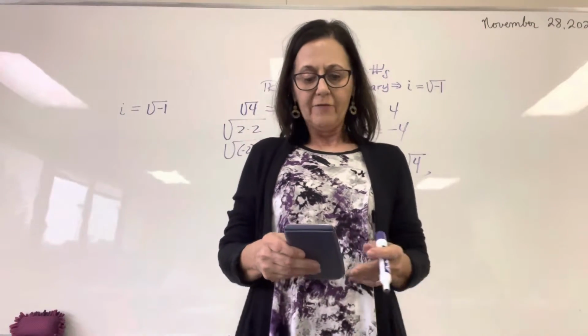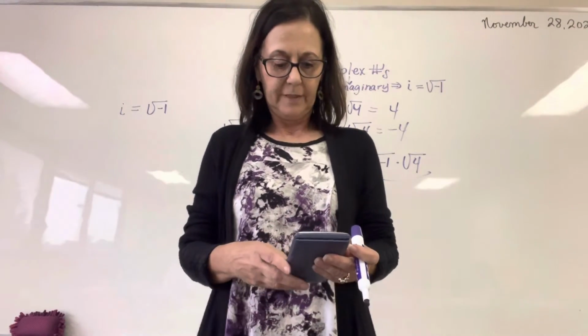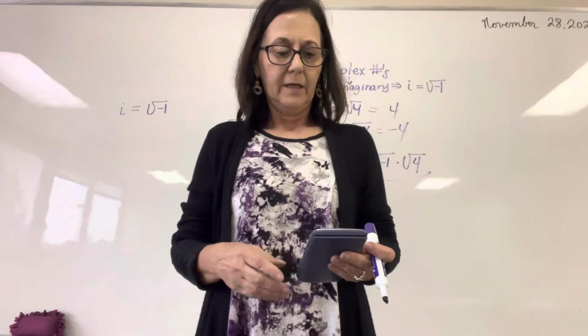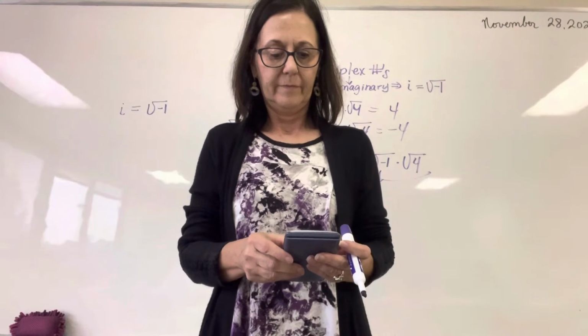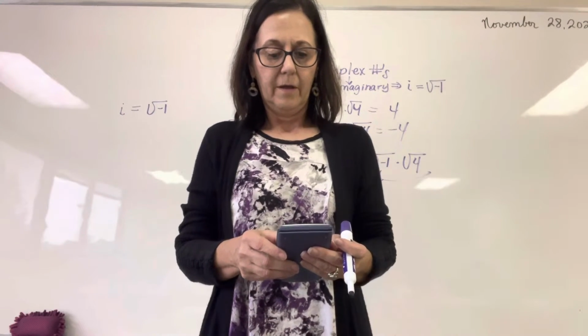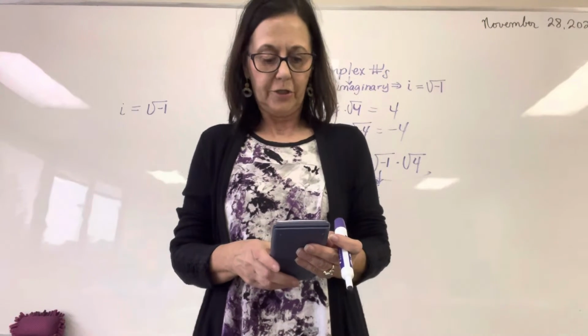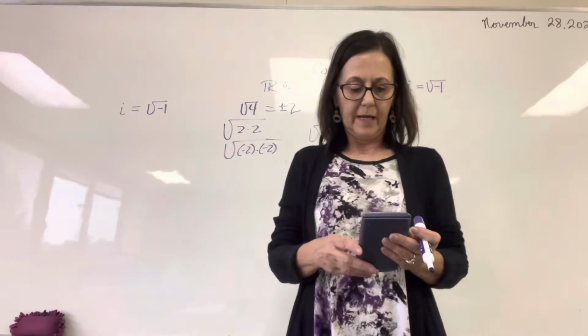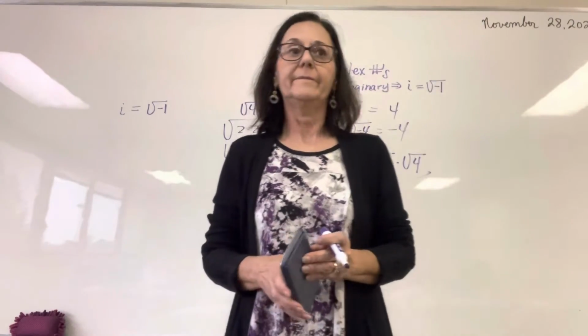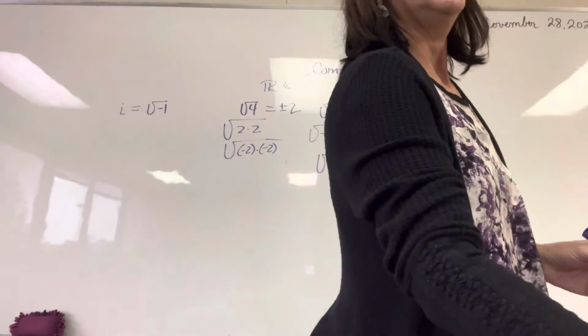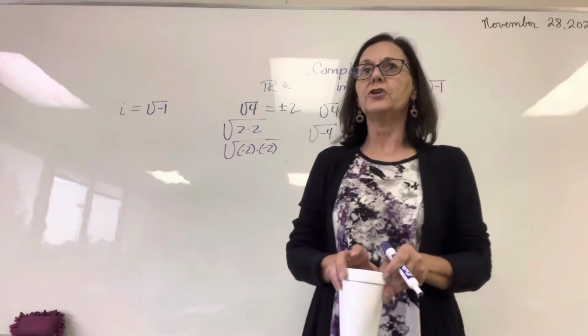So everybody do the square root of negative 4 in your calculator. Mode 2, complex. Now do the square root of negative 4. Do you get 2i? If you don't, then do mode 2.